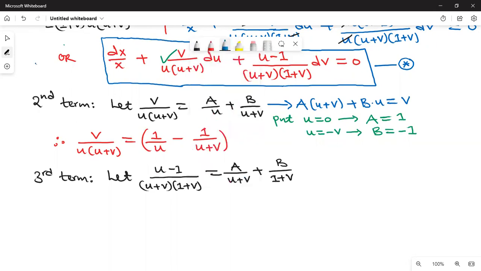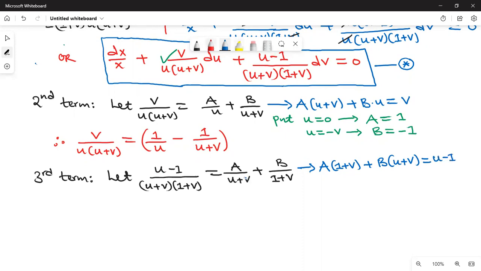If you multiply both sides by the LCM, we are going to get a times 1 plus v plus b times u plus v is equal to u minus 1.